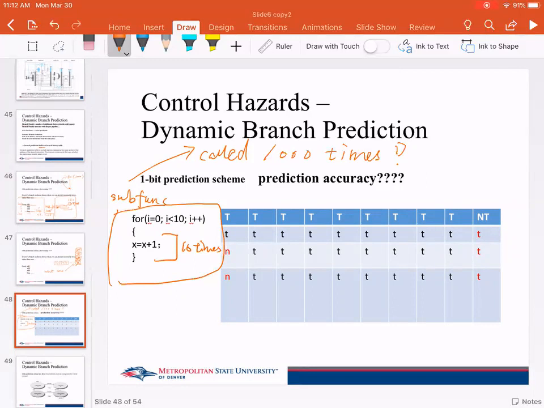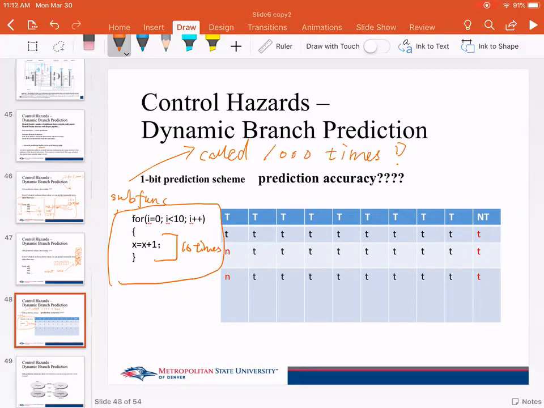So suppose we're doing the real application, just execute this for loop 1,000 times, and each time you have 10 times execute the loop body.